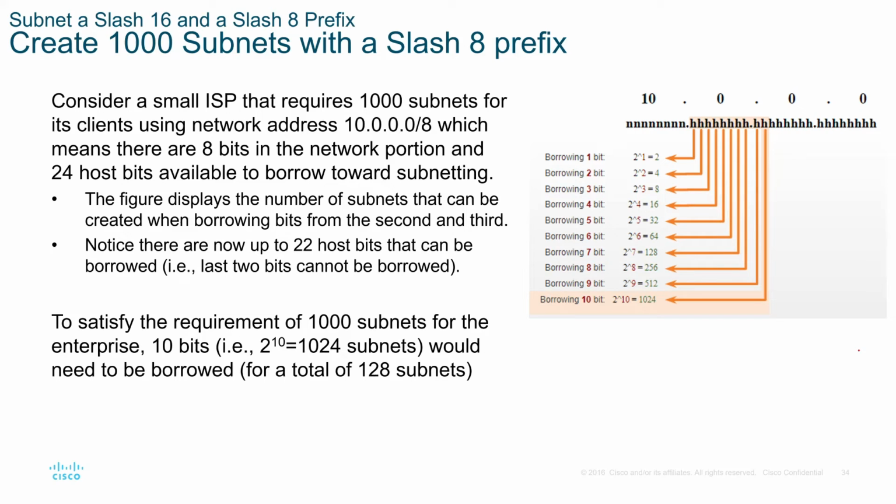But as we can see, we have to go up through the 10 bits to get 1,024 combinations. If we were to look at that with the powers of 2, 1 would be included.